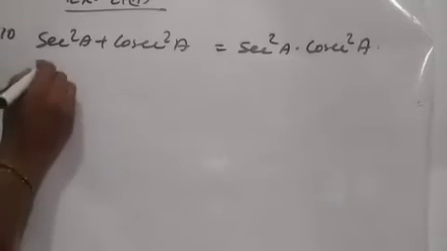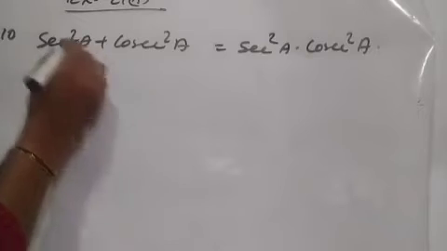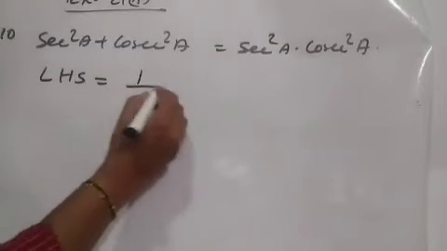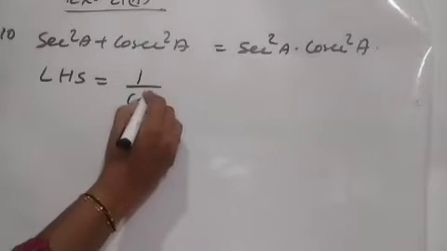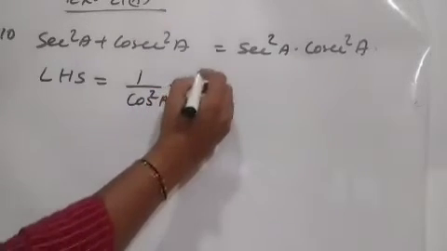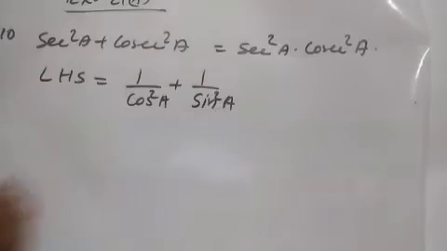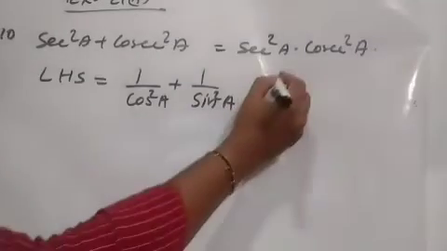Let us simplify the LHS. Sec square A can be written as, sec is the reciprocal of cos, so 1 by cos square A, and cosec is the reciprocal of sin, so 1 by sin square A. How did we apply this?